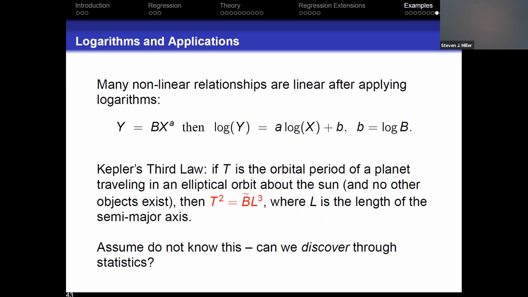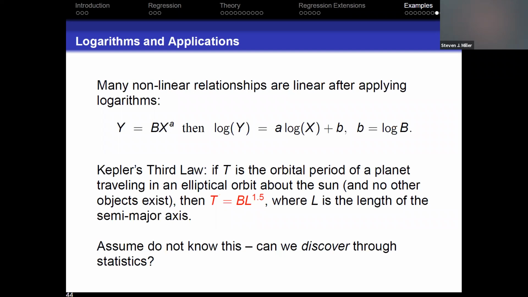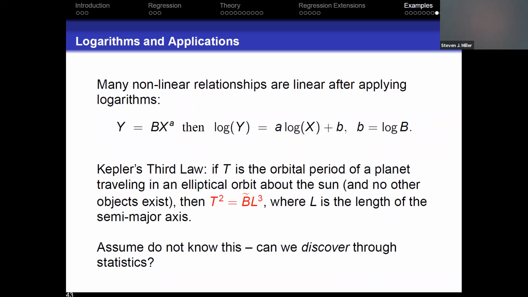This is a monumental achievement, that Kepler was able to find this nonlinear relationship by poring over data assembled by many masters. So assuming we didn't know this, could we somehow figure it out through statistics? Well, we might as well take T squared equals b tilde L cubed and just take the square root of both sides.